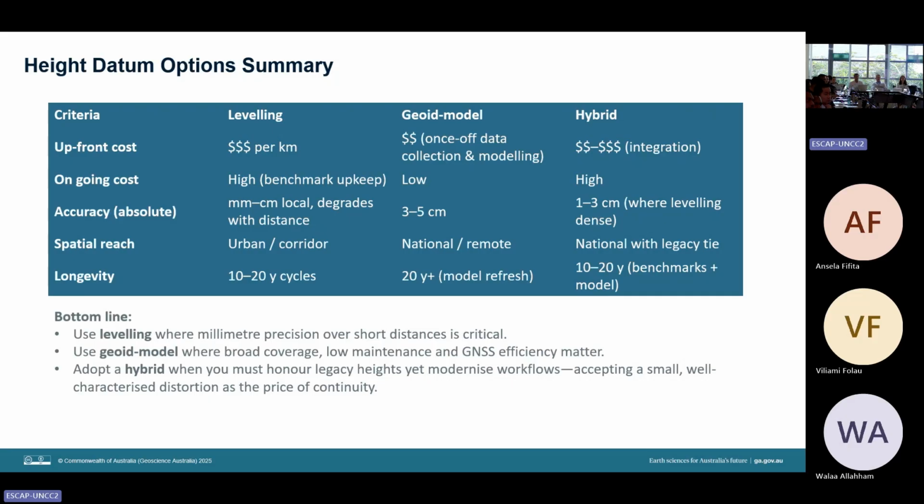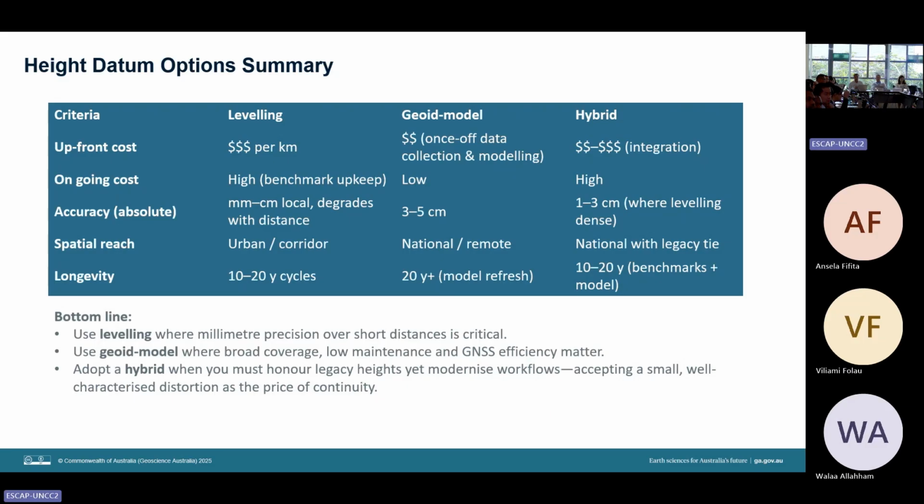That's really invaluable for large, sparsely surveyed areas, disaster response, and any workflow that relies on GNSS.